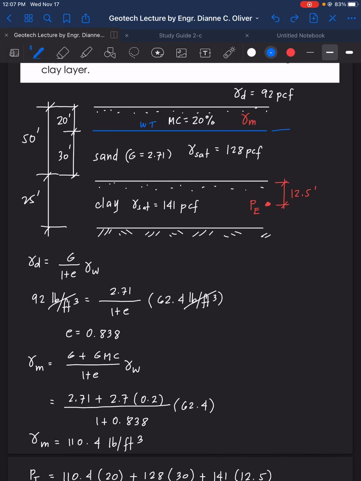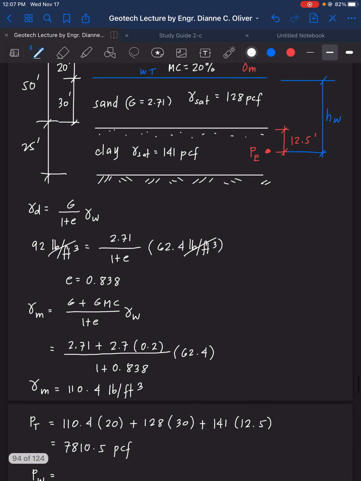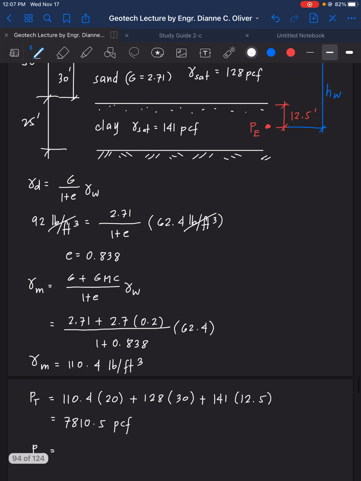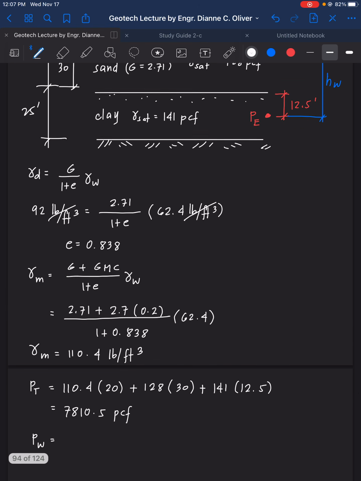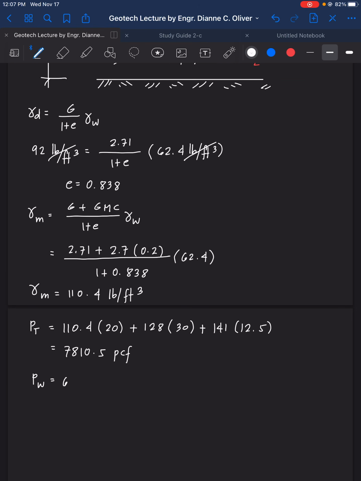So it's from here up to here. So that is your HW for DPW. Right? So that is 30 plus 12.5. Then PW is gamma W 62.4 times 30 plus 12.5.